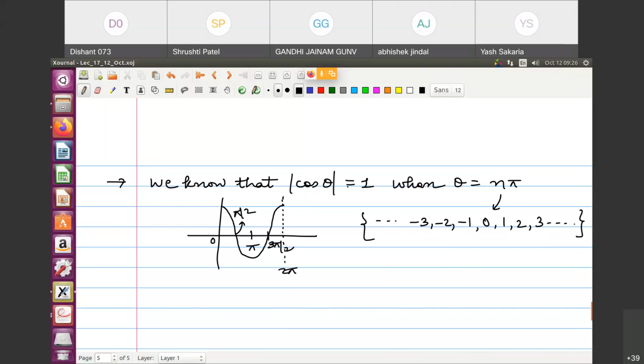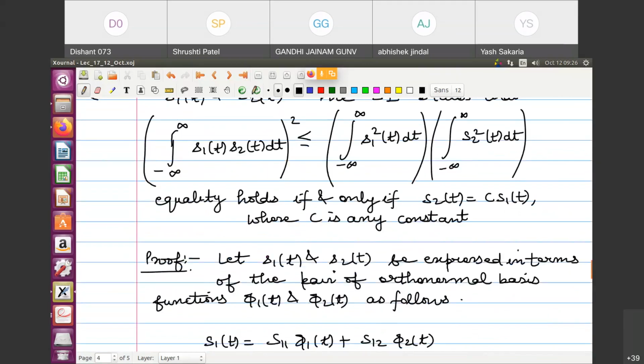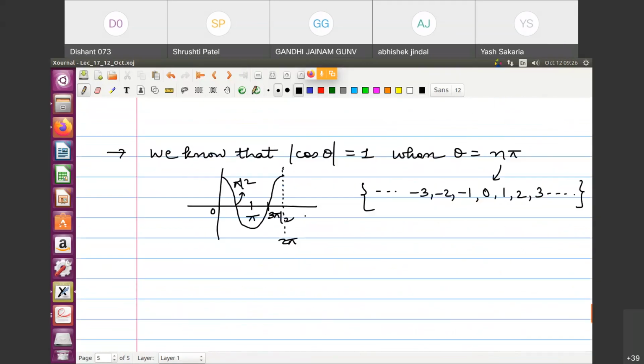So the absolute value of cos theta is 1. Now, if this is equal to +1 or this is equal to -1, whatever it means, if cos theta takes a value +1 or cos theta takes a value -1, you can say that this equality will hold. This inequality will hold with equality.